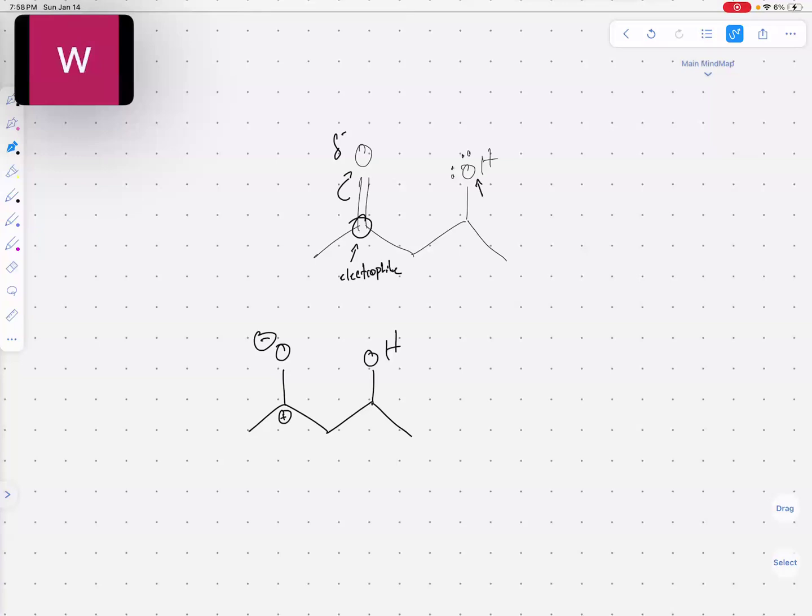And equally, we could understand that this is the nucleophile because, and this you will see in further examples, this could be protonated, it could pick up a proton somewhere and become a good leaving group. It could become water and then it could leave. And let's do that example.